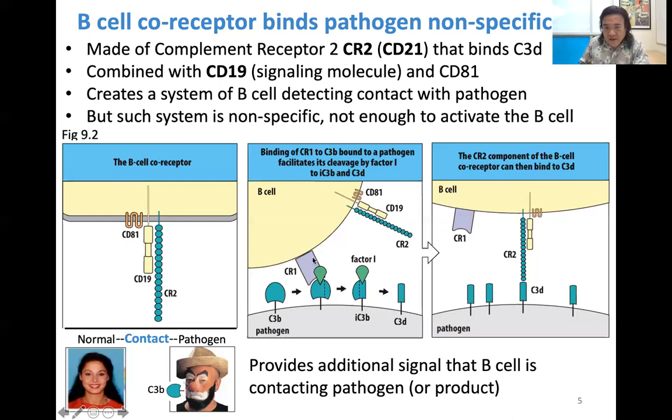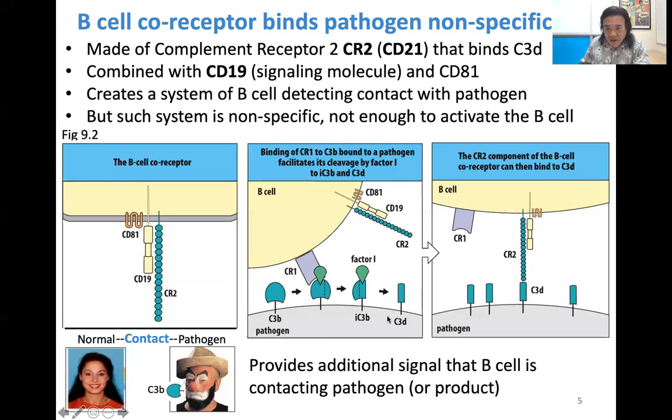When the B cell binds to C3b with its CR1, that encourages factor I to come and cut the C3b. You end up with this little leftover scrap of the C3b, which is now called C3d. That is what the B cell co-receptor complex picks up on.